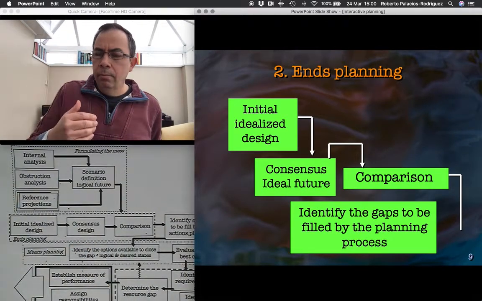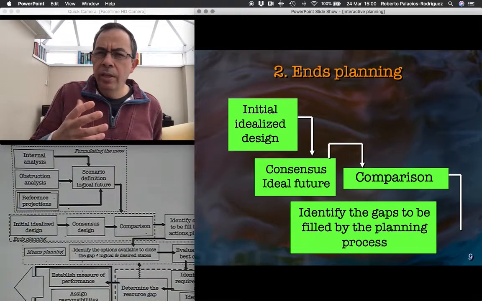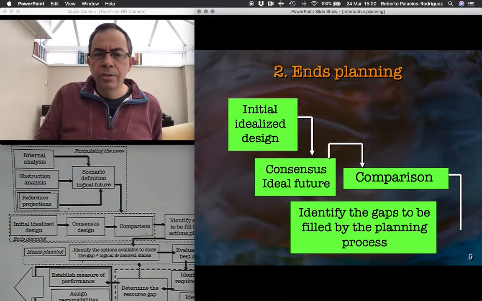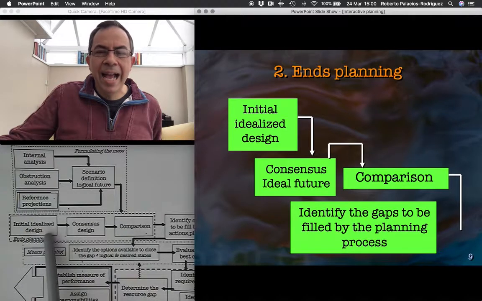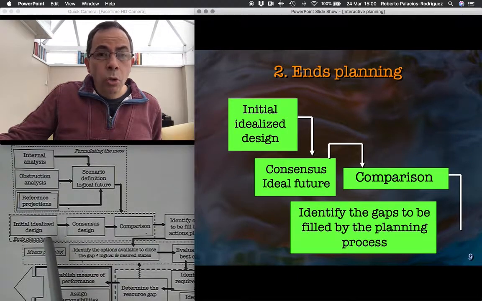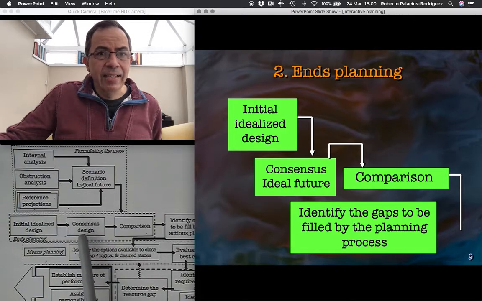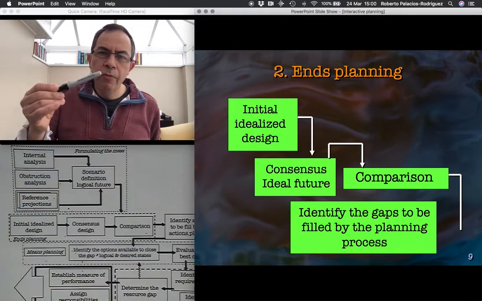Imagine a couple, two people, working together, where they see themselves in 20 years' time. Of course, there will be differences, or you will have as many idealized designs as you have people in the room. In order to build consensus, to reach agreement, probably you can use the SAST methodology. Why do you prefer that strategy?